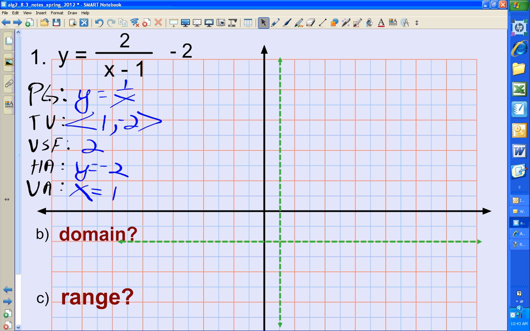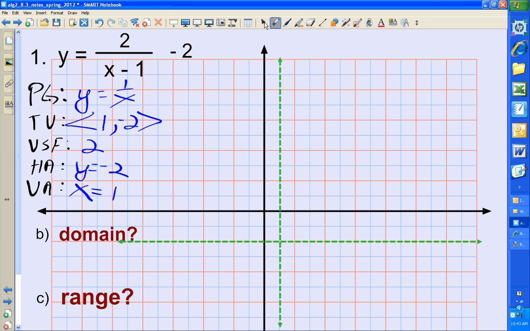Carlton, how about domain? Remember, these are exclusive. What can't x be? -2? No, that was the, what values of these? Look at your equations here. It's easier to look at when you see your equations here for your asymptotes, it tells you what's excluded.